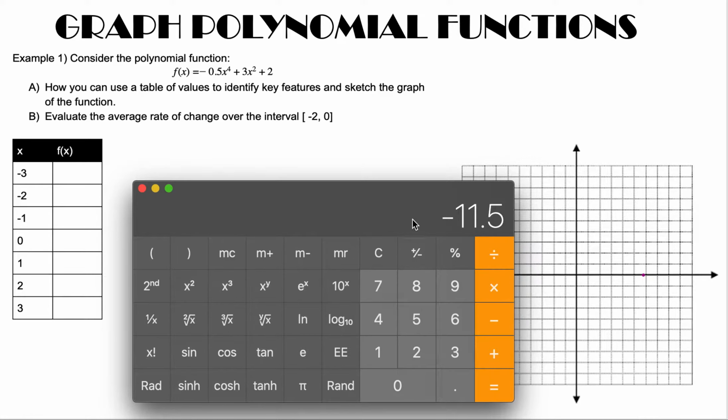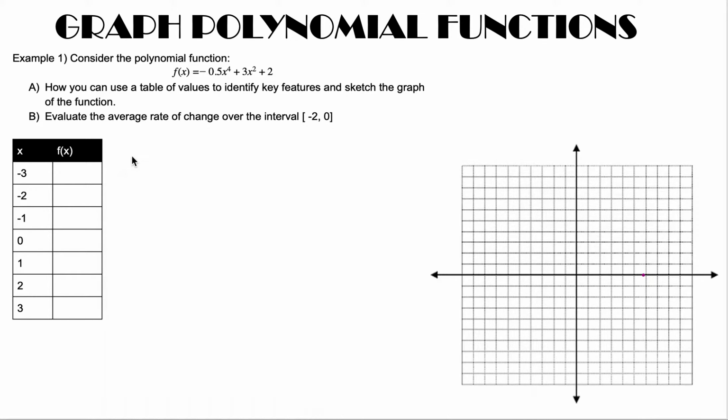Let me take a calculator, so we can check this more easily. 3 to the exponent 4 is 81, times 0.5 but negative is -40.5, plus 3 times 3 squared, which is 9 times 3, is plus 27, and plus 2. So it is negative 11.5.